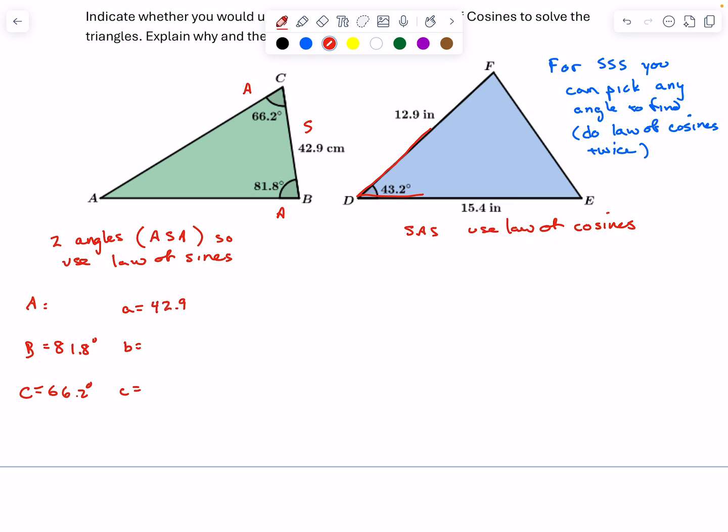We don't have an angle and a side across from it, but we can find the third angle easily. So, stuff into calculator, 32 degrees. Now we have an angle and a side across from it.